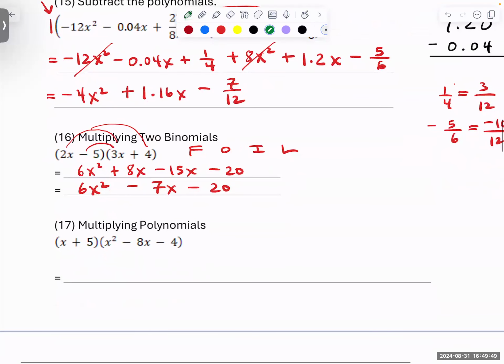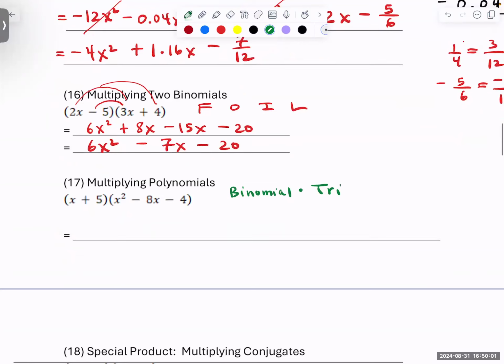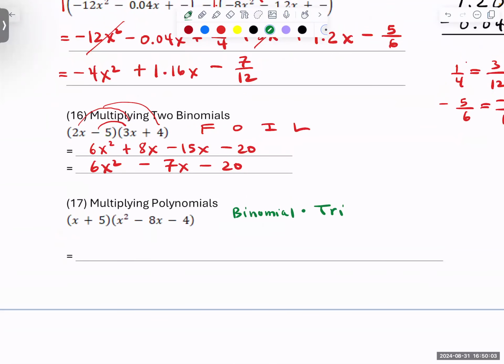Number 17 is a binomial times a trinomial. So we cannot FOIL here. We have to use another method. One method is to distribute x times the whole trinomial, x times x squared minus 8x minus 4 in parentheses, and then distribute plus 5 times the whole trinomial, x squared minus 8x minus 4.